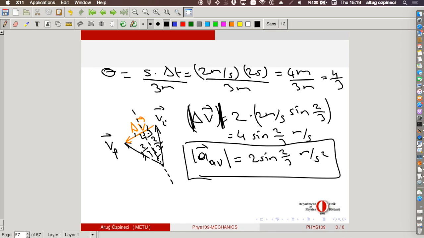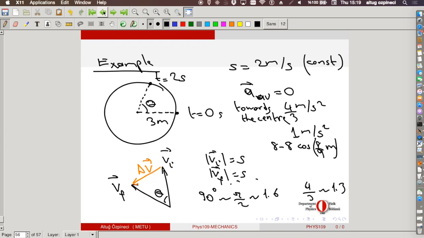Delta velocity is the final velocity minus initial velocity. Yes, delta v is final minus initial. Now, why don't we define it the other way around? Now, this vector is v final minus v initial.